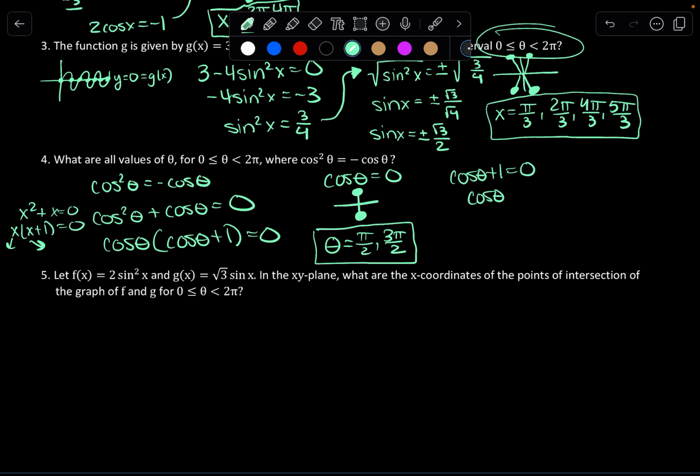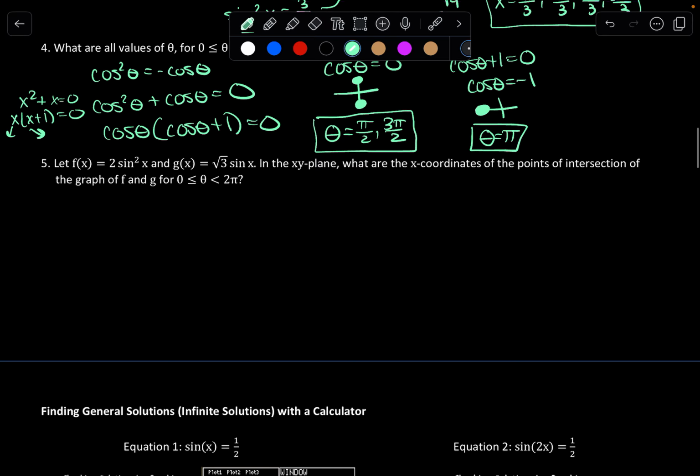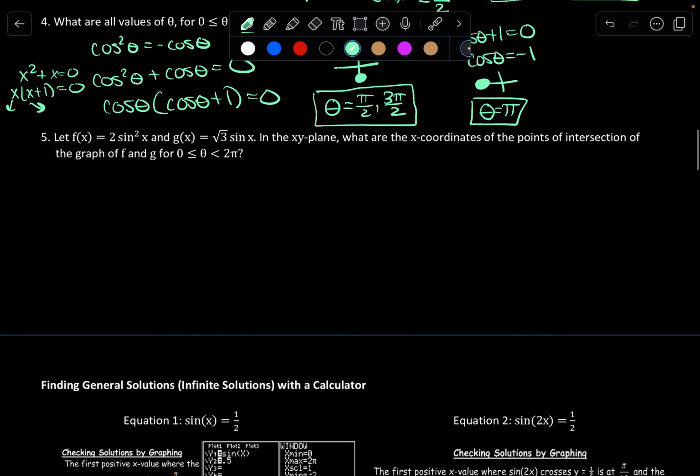Isolate the trig expression, I get cosine theta is equal to negative 1. On the unit circle, that will be all the way over here. Therefore, theta is equal to pi. And if you want to write it as theta equals pi over 2, pi, 3 pi over 2, you can. I think it's redundant, but you can do with that whatever you please.